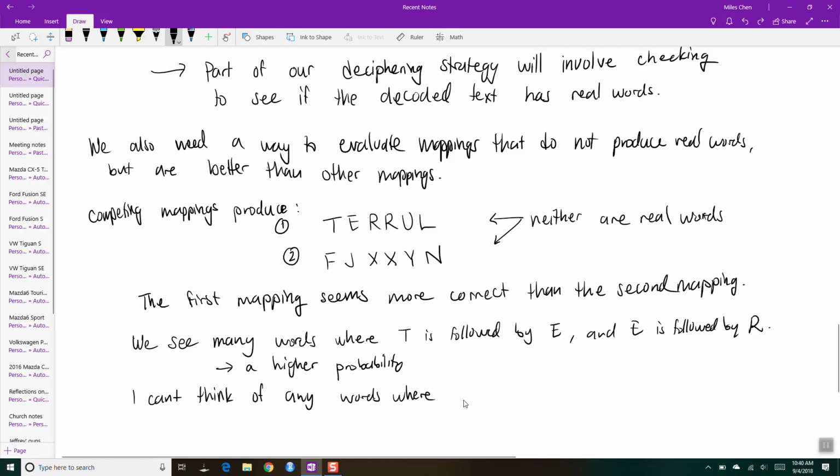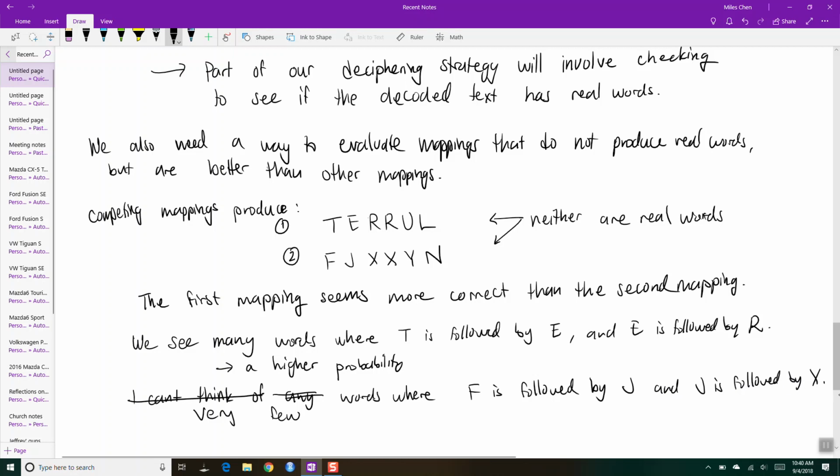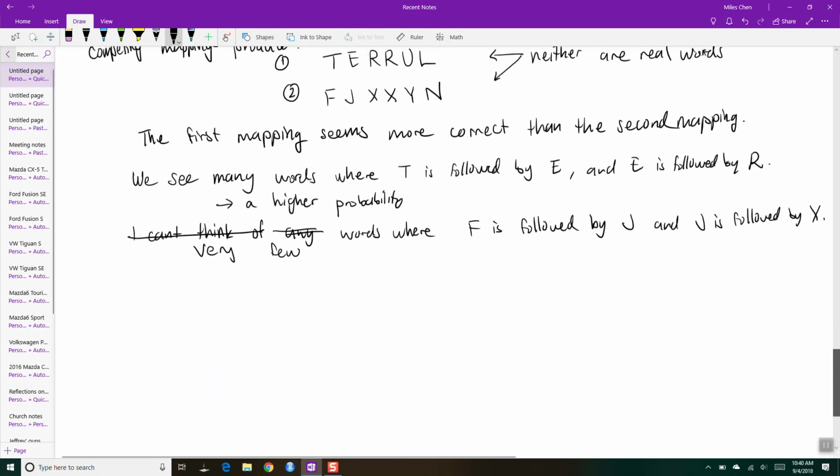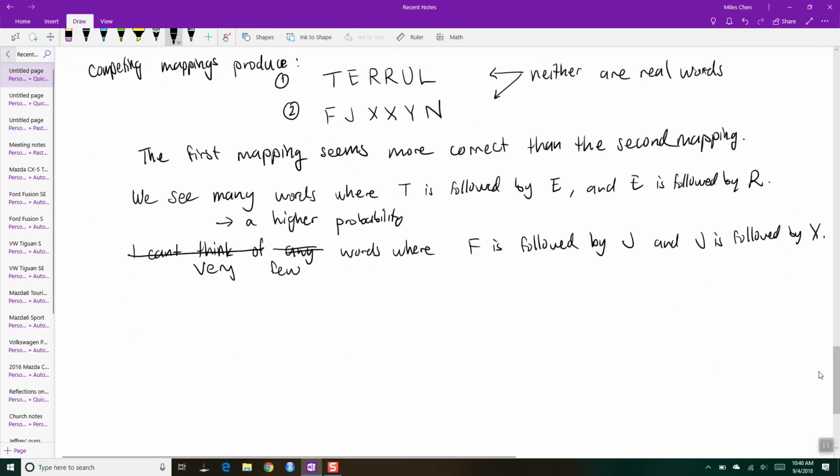FJ, okay. So very few words where F is followed by J and J is followed by X. So we don't have very many words where F is followed by J or J is followed by X.